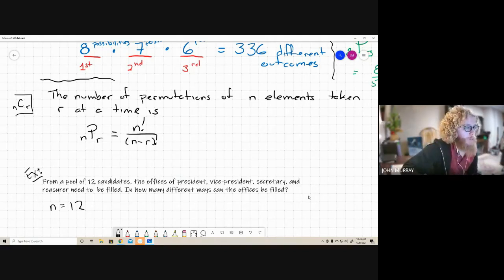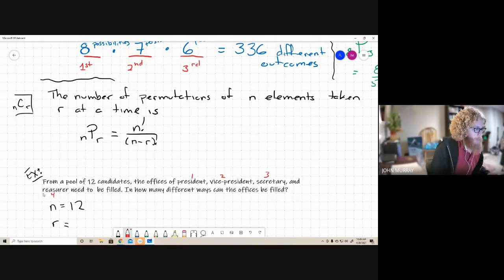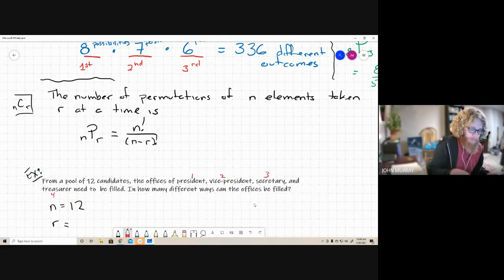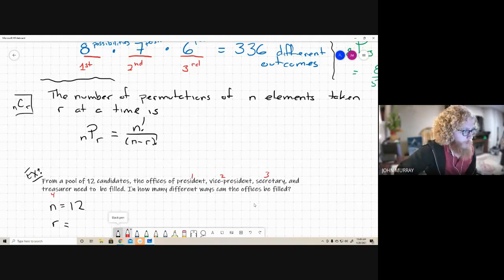The r is what we want to focus it into. So here, our r is going to be 4, since we have 4 positions to fill: 1, 2, 3, 4. Oh, forgot the T for treasurer. So our r is going to be 4.